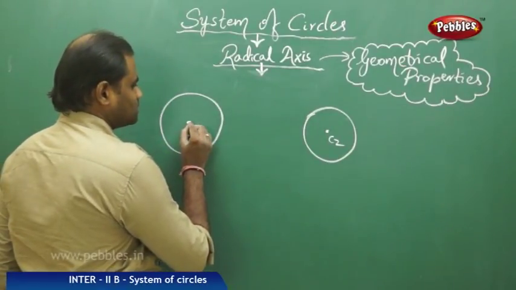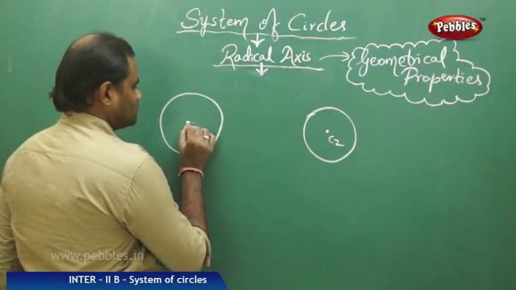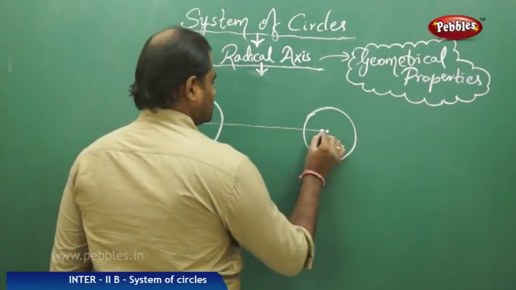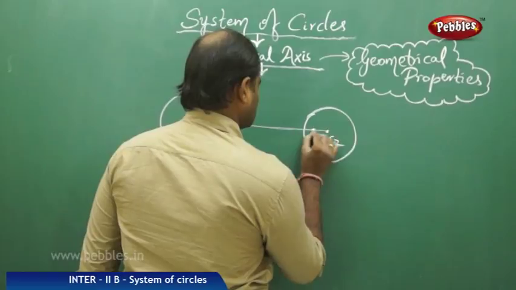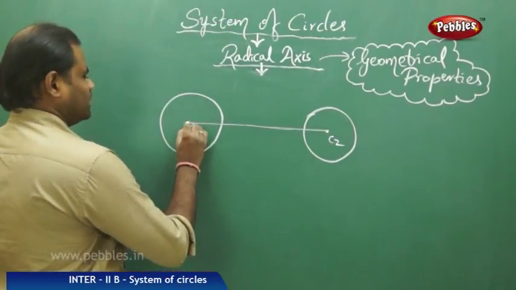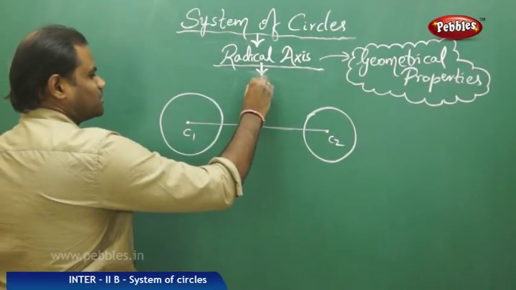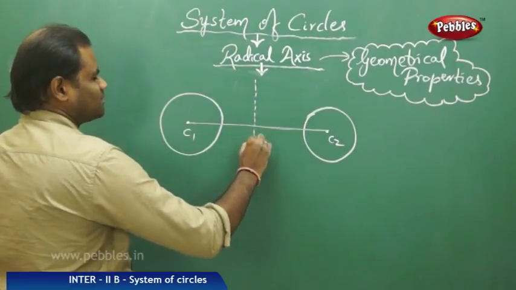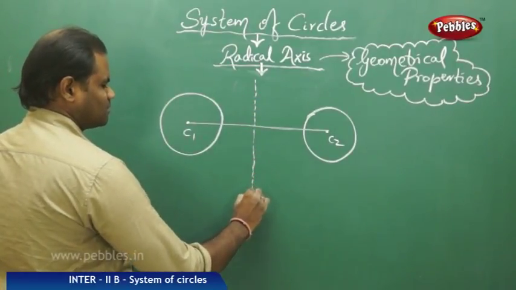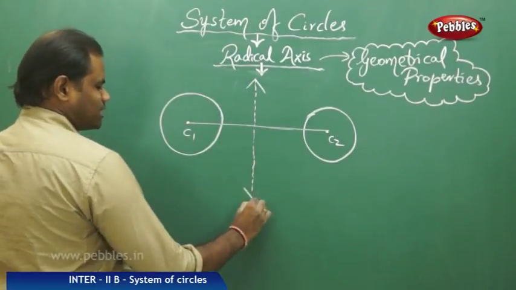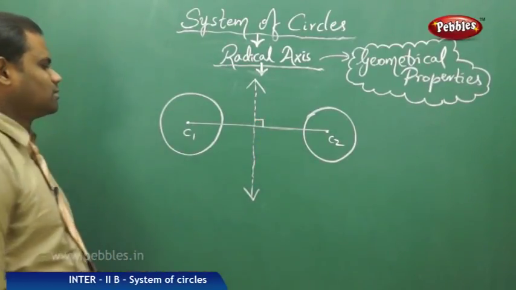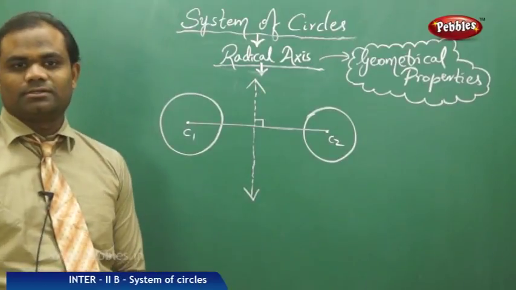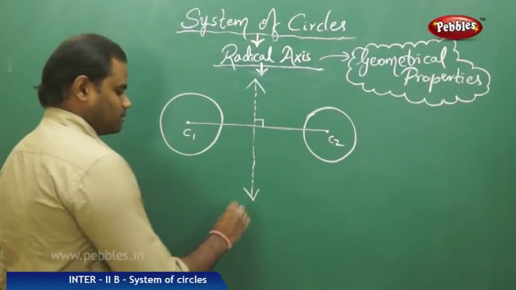Suppose I join C1 with C2, then the radical axis is always perpendicular to the line joining the centers of the circles. That is how we identify the property.